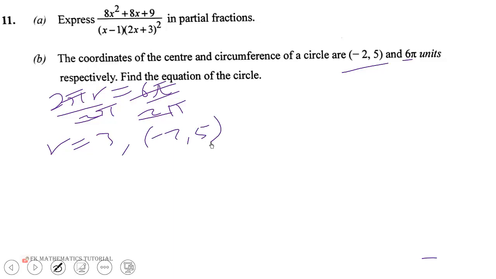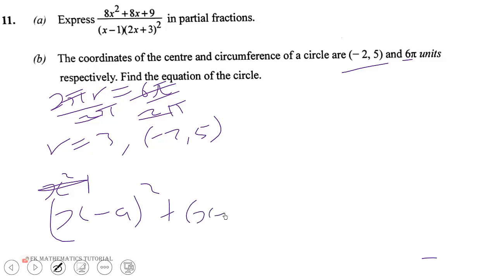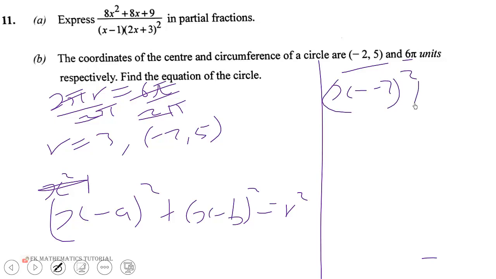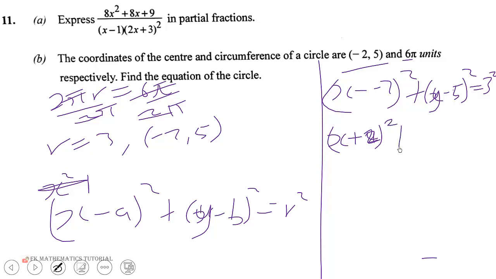So since we know the equation of the circle is given by x minus a all squared plus y minus b all squared equal r squared, we have x plus 2 all squared plus y minus 5 all squared is equal to 3 squared, which is 9.